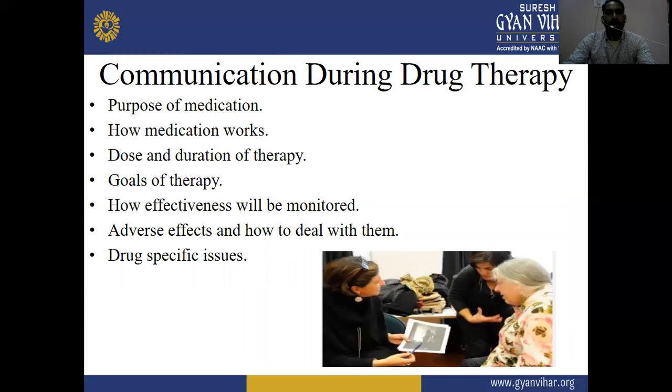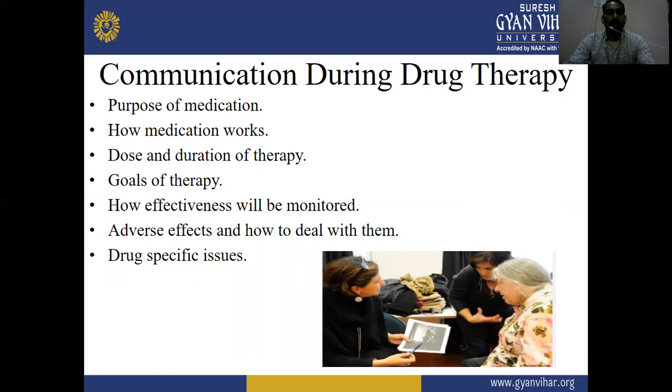Next one, communication during drug therapy. First of all, purpose of medication: what is the purpose of medication during drug therapy, and how medication works in the human body.